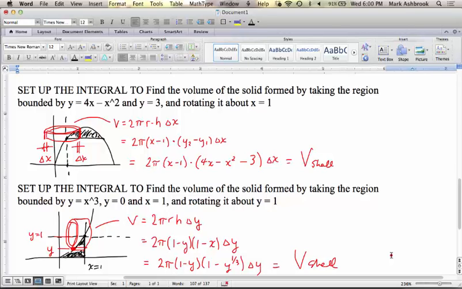The height of the shell is this distance right here, so it's defined by x equals 1 and the x coordinate of the point on the curve. So it's 1 minus x. And x is what you get when you solve for x in that curve: y to the 1/3.